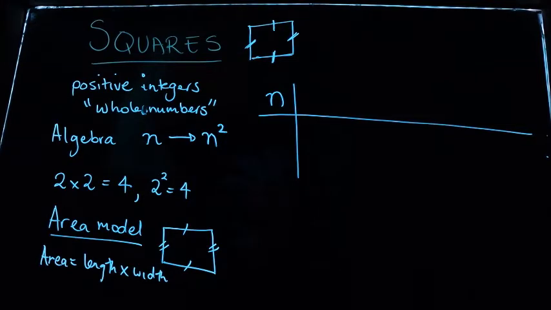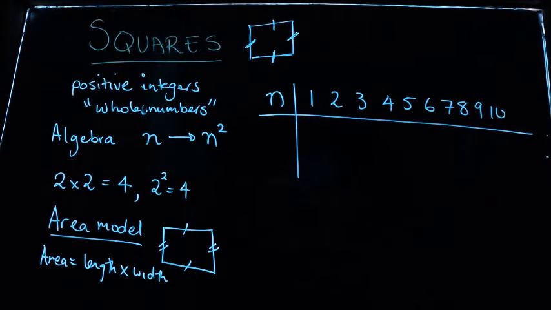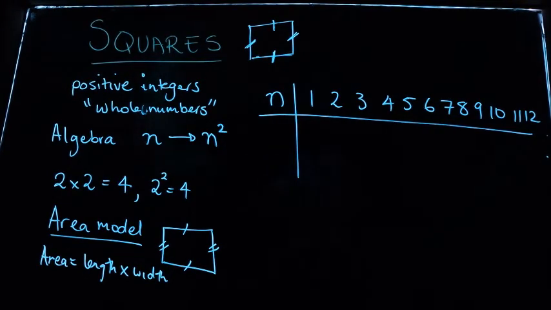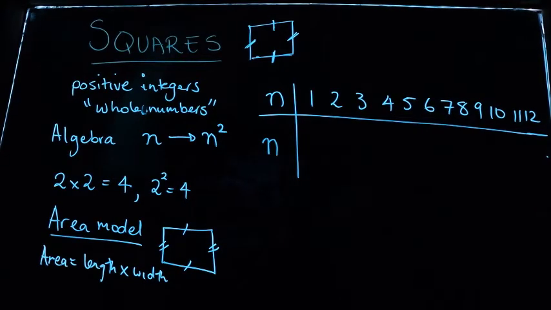We'll start with the number 1, and then we'll just make a list. 3, 4, 5, 6, 7, 8, 9, 10, 11, 12. Okay, so why this up to 12? I'm thinking that you might have some knowledge from the times tables here. When we start squaring the numbers, hopefully at this stage you've learnt that any number times by itself is actually a square number.